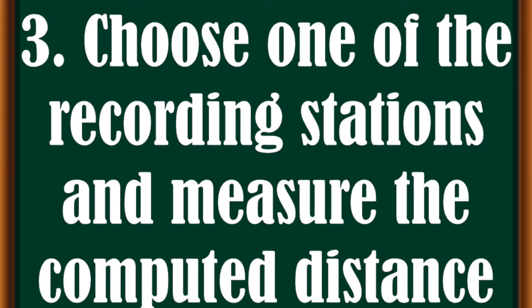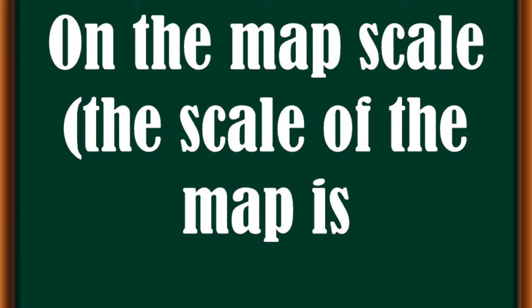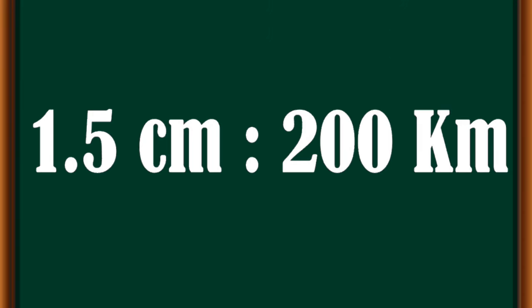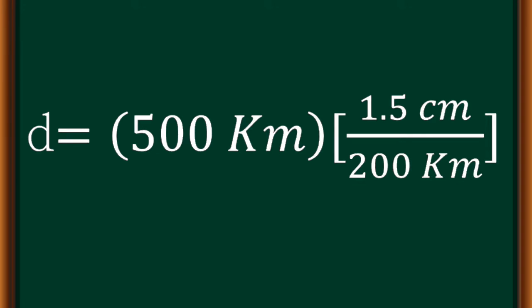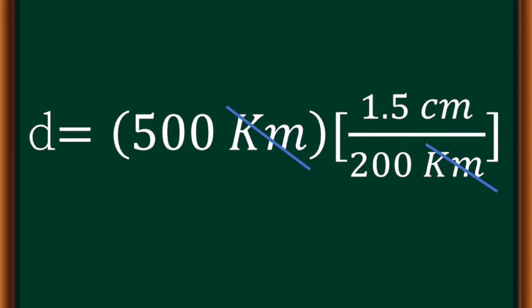Next is to choose one of the recording stations and measure the computed distance on the map scale. The scale of the map is 1.5 centimeters is to 200 kilometers. So for example, if the distance is 500 kilometers, then substitute the values, then cancel the units in kilometers.